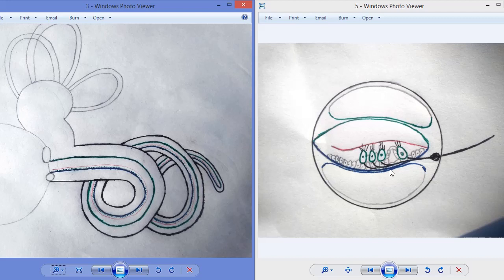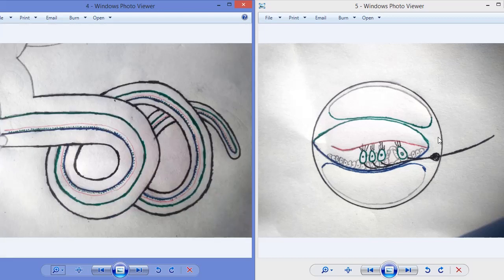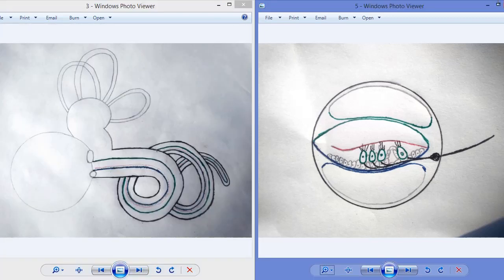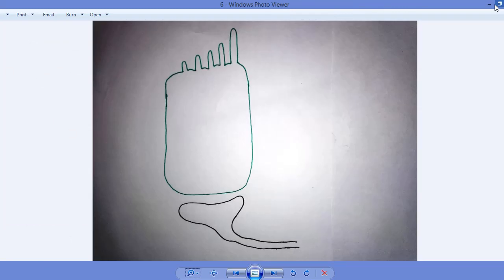Now coming to the detail, what happens normally? In this slide we can see that this is a hair cell, and this hair cell has cilia. At the apex it contains cilia, and at the base of this hair cell are the nerve endings of the dendrites of the cochlear neurons.